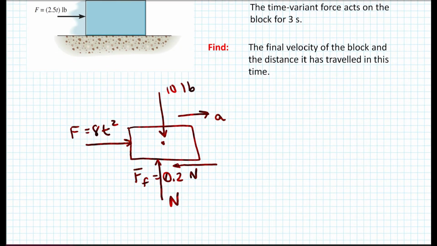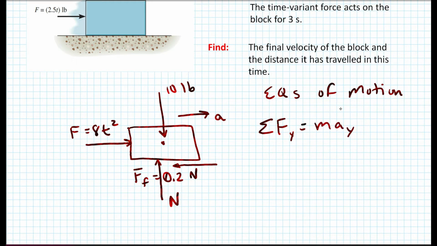Alright, so looking at the equations of motion first. We have the sum of the forces in the y direction.